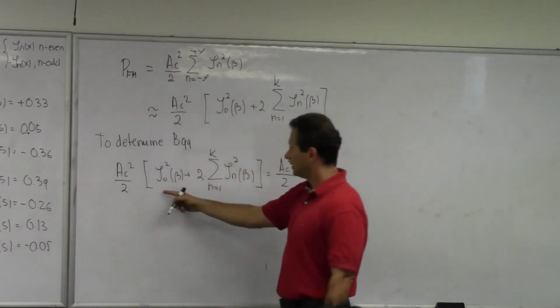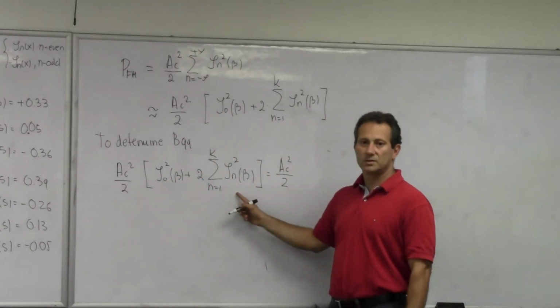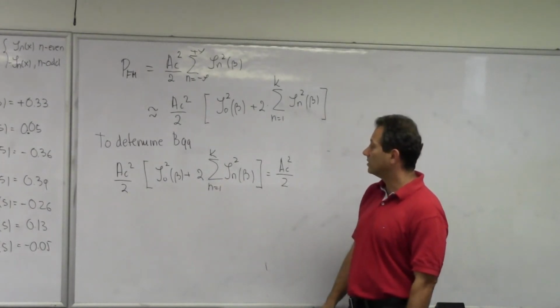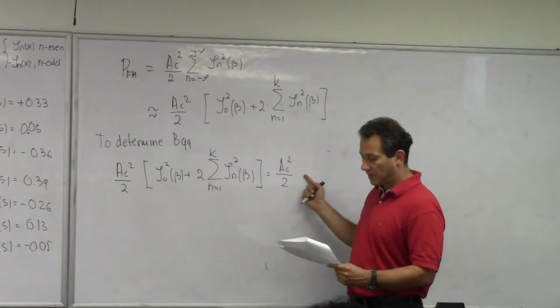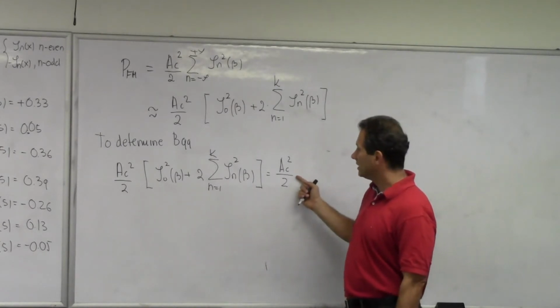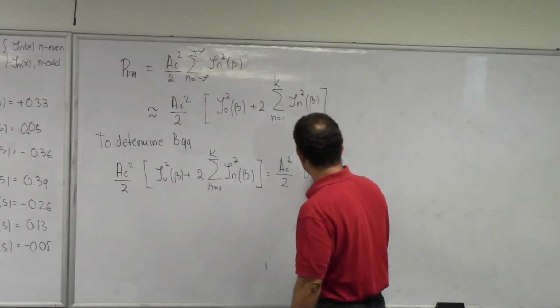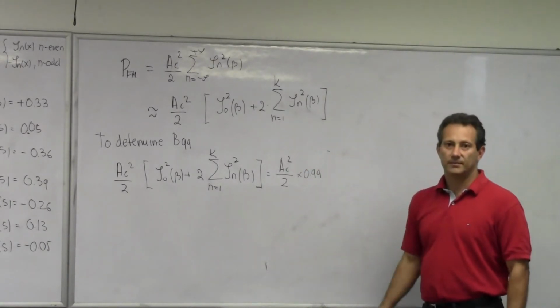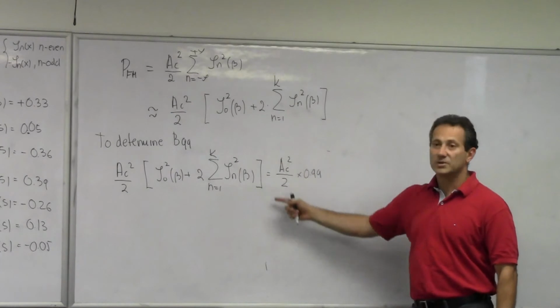This is the truncated series where we truncate up to the first k components on each side. This is the total power of the signal, and we want this truncated one to be the total power times 0.99.